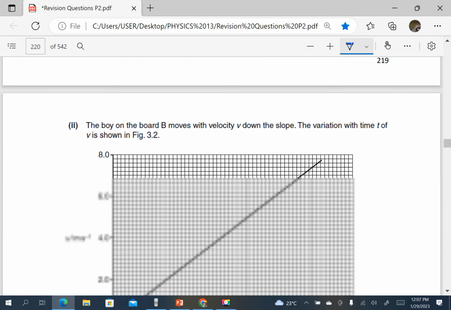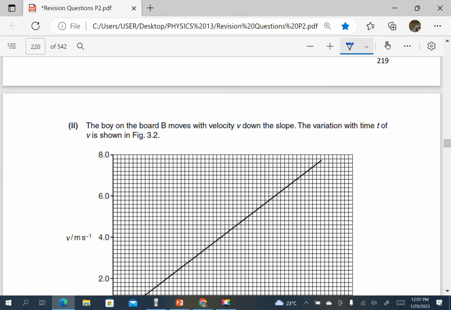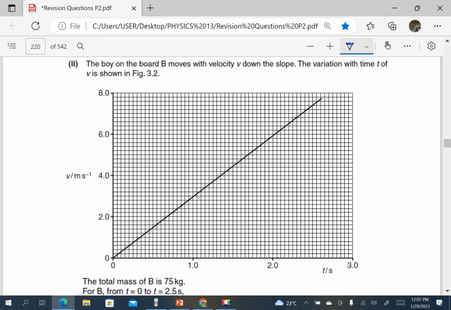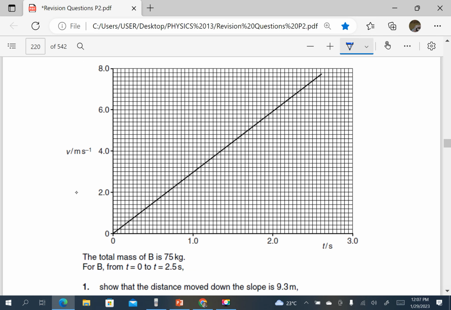The boy on the board moves with velocity v down the slope. The variation with the time t of v is shown in the figure. So they have given us a graph of v against time. Total mass of B is 75 kilograms. For B from t equals 0 to t equals 2.5. Let's look for t equals 2.5. 1, 2, 3, 4, 5, 6, 7, 8, 9, 10. I hope that is 2.5.